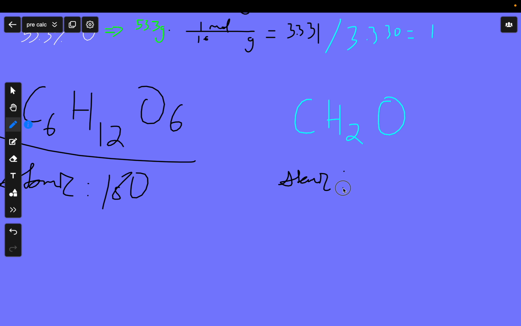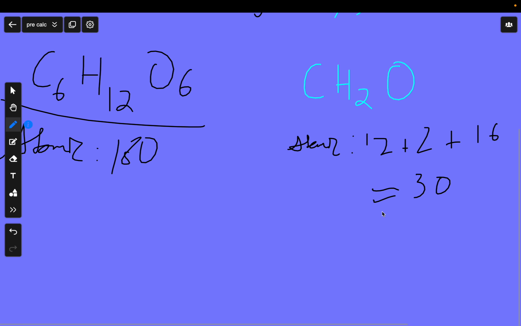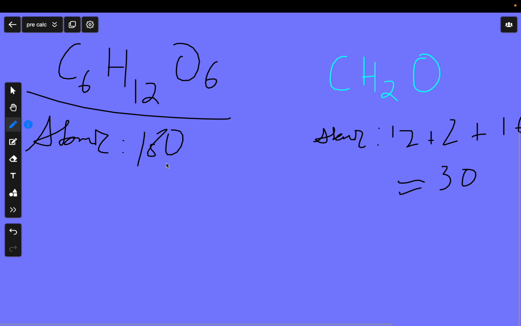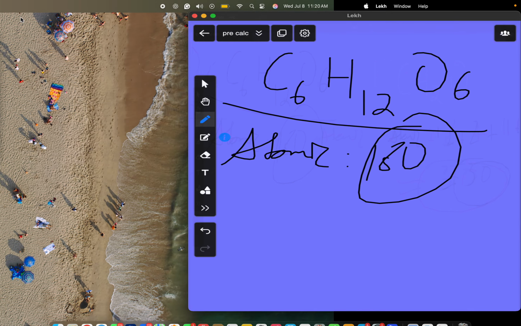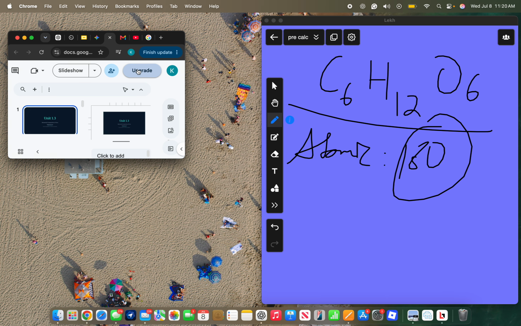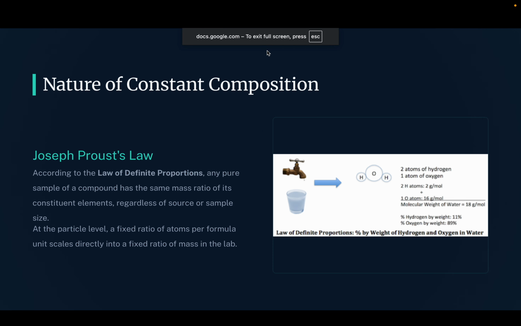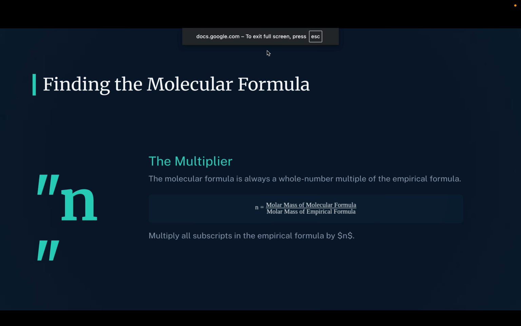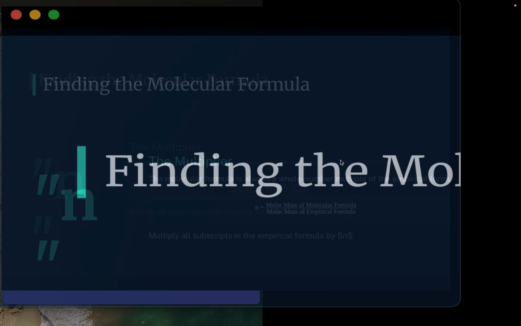And so what is the weight of the empirical formula? It's going to be 12 plus 2 plus 16. So 18. So it's like 30. Now you have to figure out the ratio of this thing to this thing. Remember, that's what the slide told us to do as well: molecular divided by empirical.